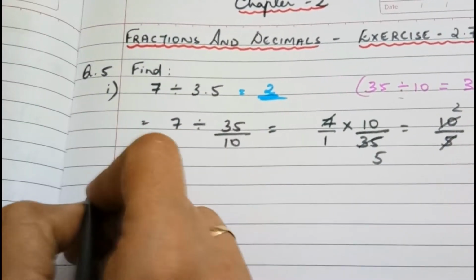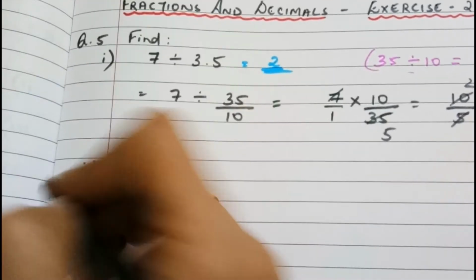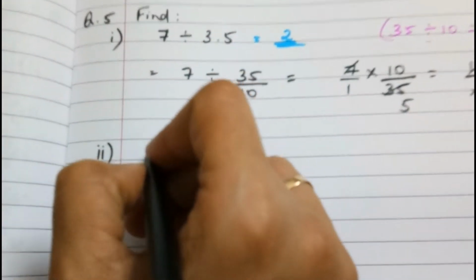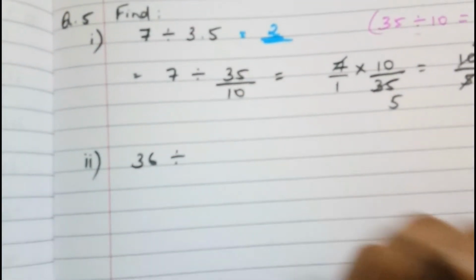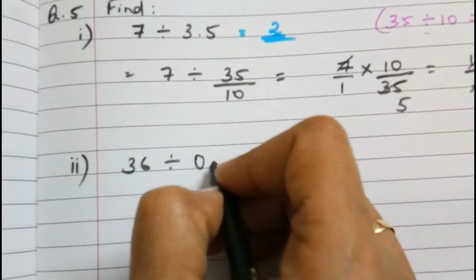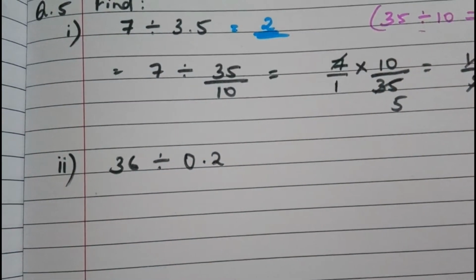The second sub question is 36 divided by 0.2.